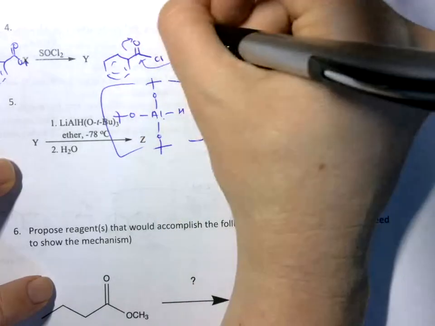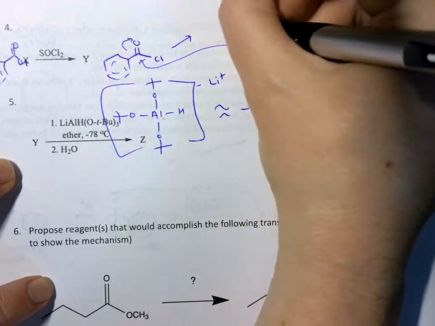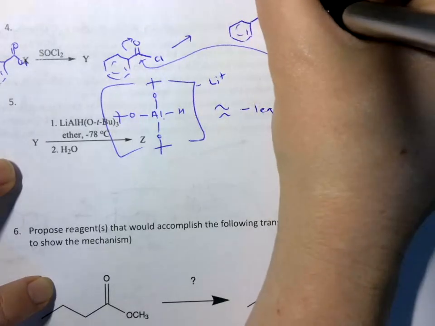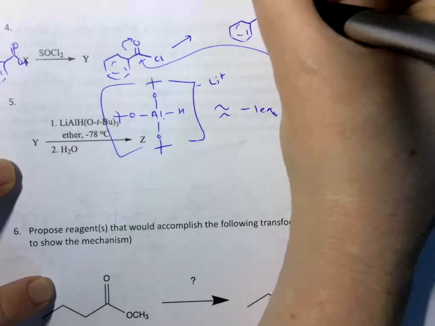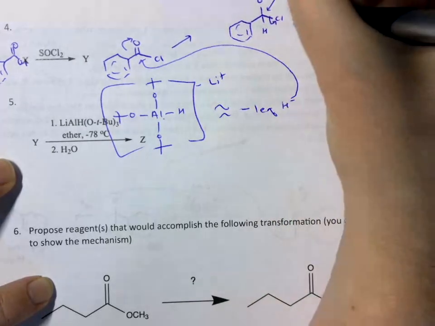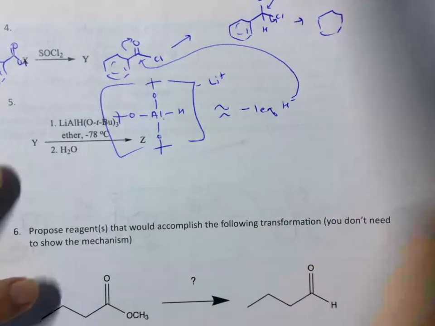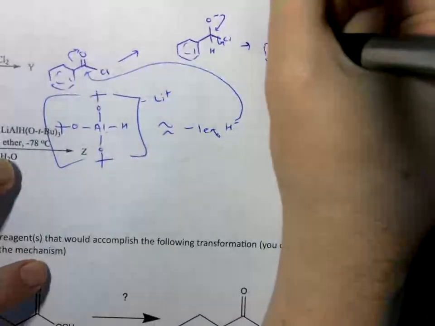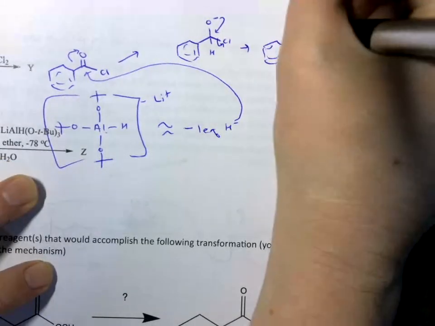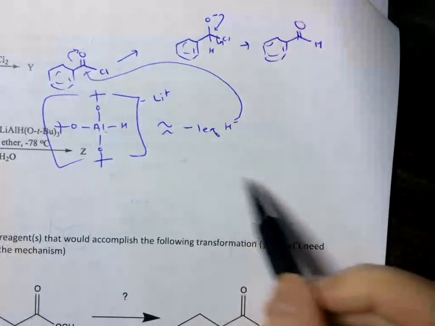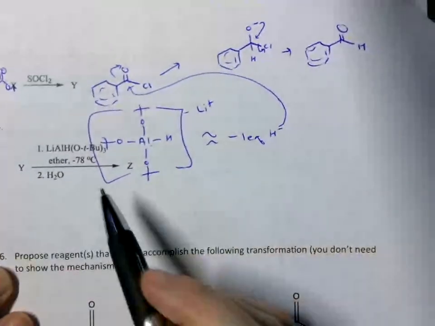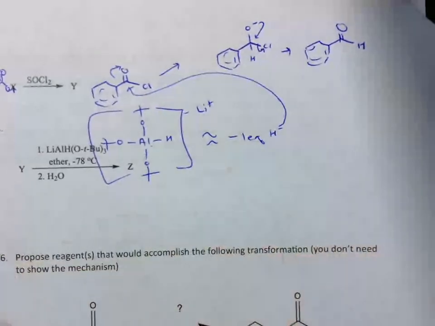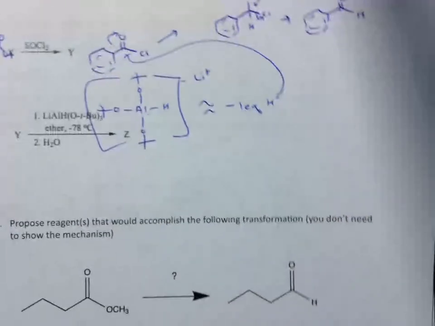The mechanism is the same as we've seen with hydride in many other cases. We get O minus, this hydrogen is added here, and the chlorine. This comes back down and kicks out, and the carbonyl is restored. A lot of my students got that right in recitation, but it stops right here because there's not an excess of hydride, so it stops at the aldehyde. So that is similar to DIBAL-H, it just stops at the aldehyde.